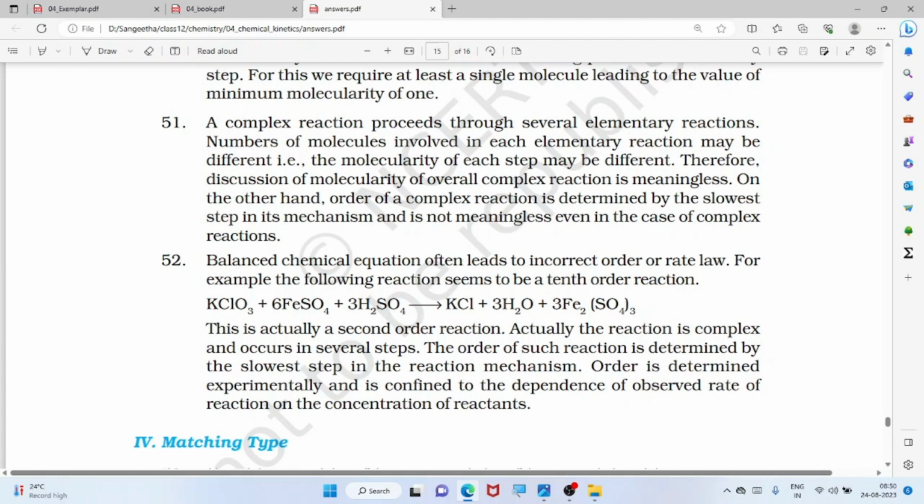On the other hand, the order of the complex reaction is determined by the slowest step in the mechanism, and is not meaningless even in the case of complex reactions. Complex reactions occur in many steps, an elementary reaction is a single step. Okay, 51.